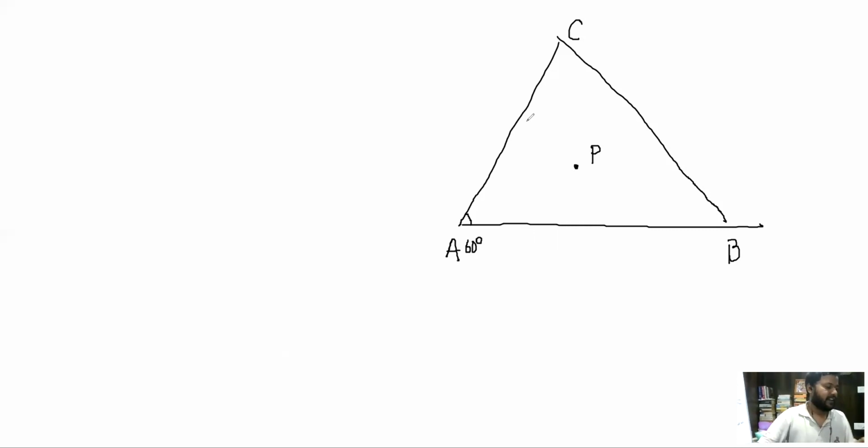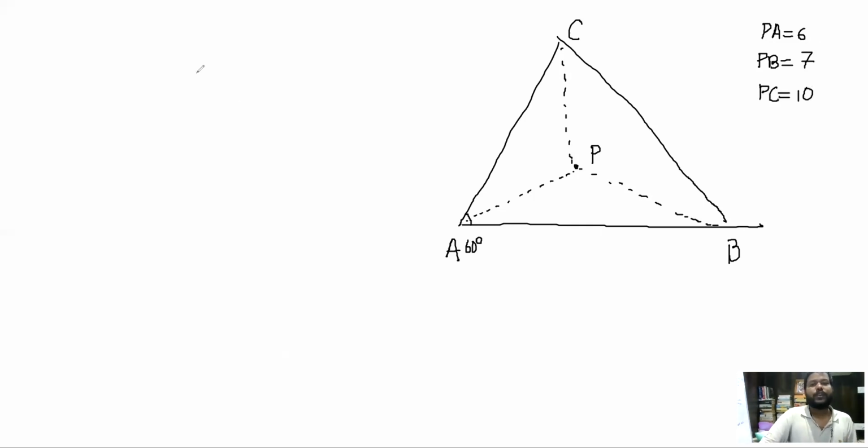PB is equal to 7, correct. So let me draw tentatively these lines. These are my lines for PA, PB, and PC. The lengths we know, so I'll just write them down here. PA is equal to 6, PB is equal to 7, and PC is equal to 10.